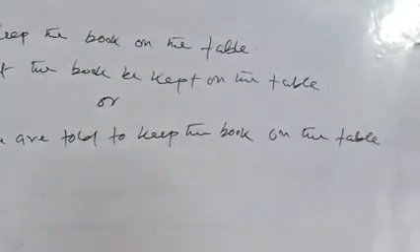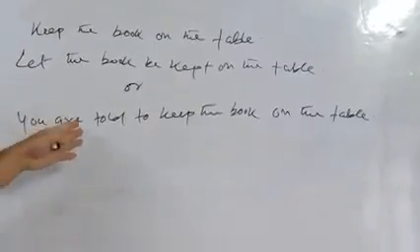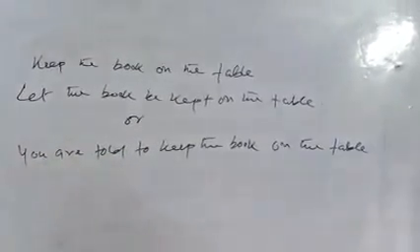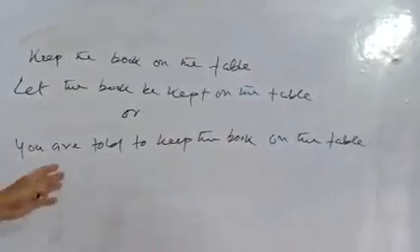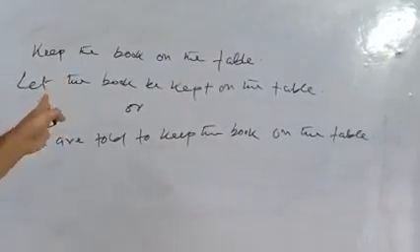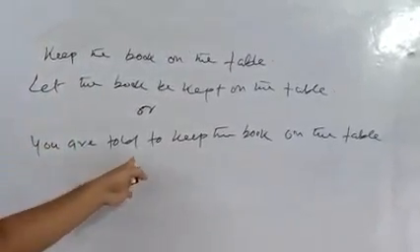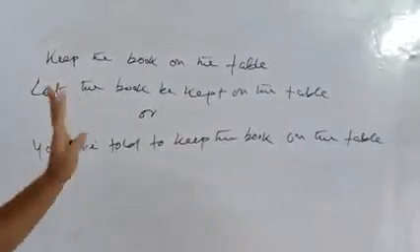So if you want, you can change this voice to passive this way also. You can use let, or you can take the expression of an imperative sentence. This is an informal kind of order, so you don't have to use ordered here. You can take told as well.